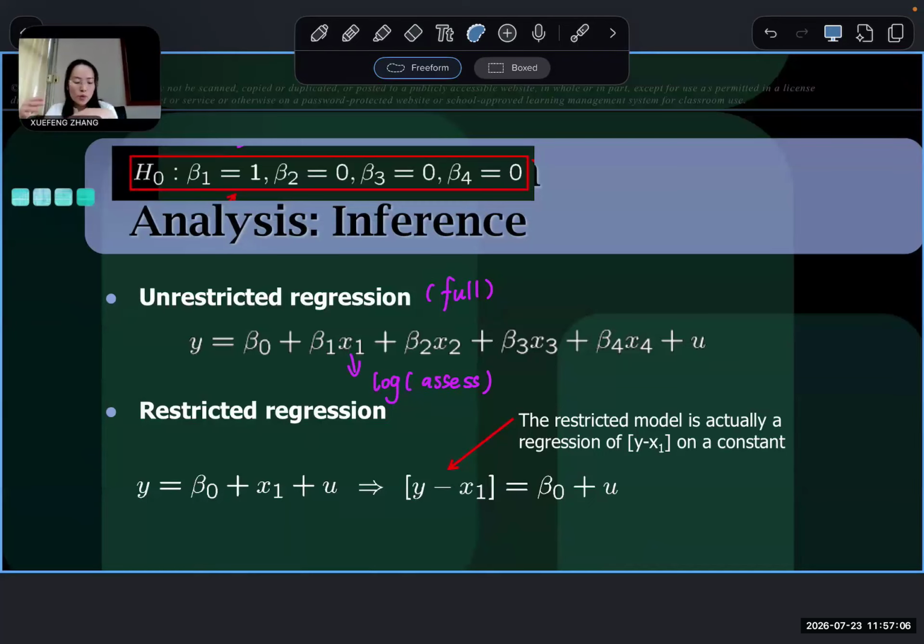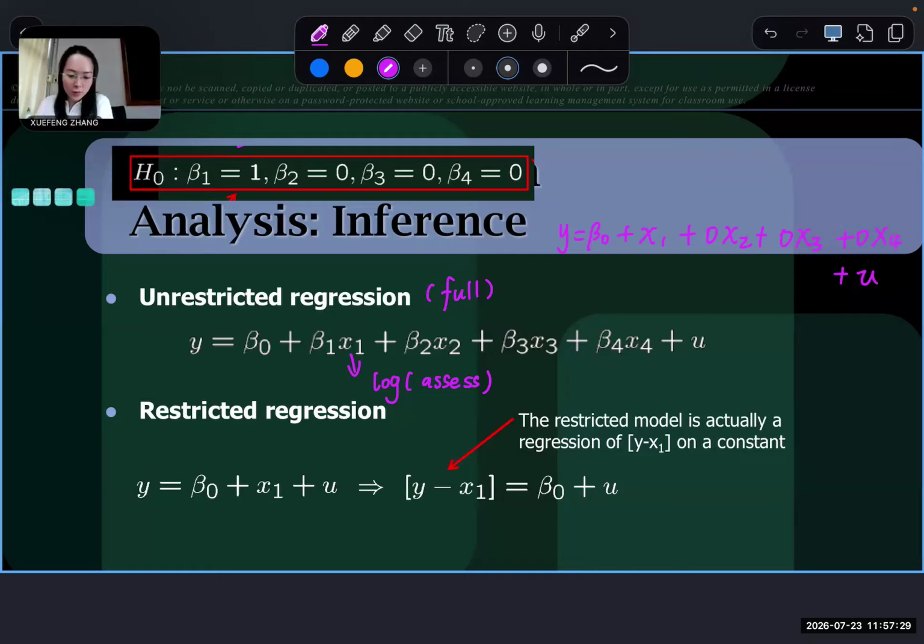If we put our restriction into the full model, the model becomes this.